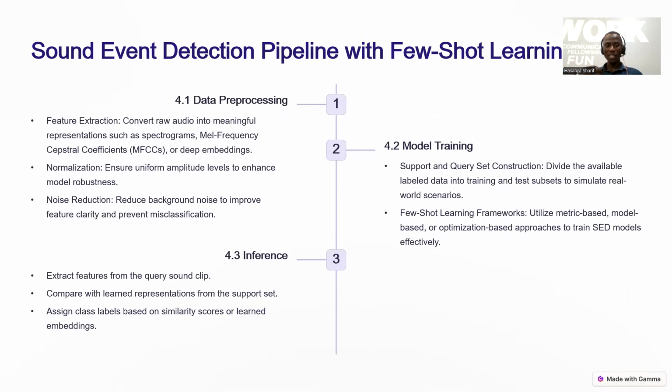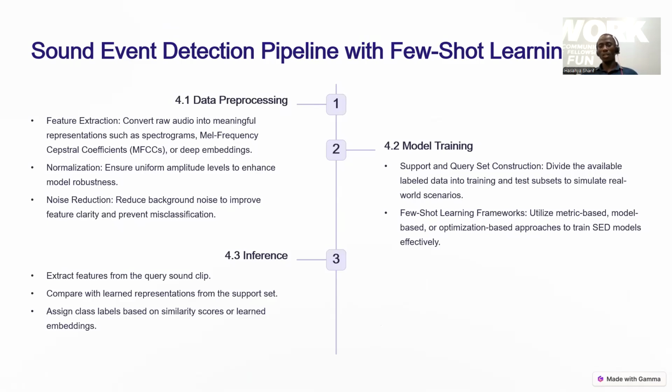Then we do normalization, where we ensure uniform amplitude levels to enhance model robustness, and also noise reduction. So we are trying to clean our data and reduce the background noise. This will improve feature clarity and prevent misclassification, so you can easily tell whether this sound is a siren or just a vehicle passing by.